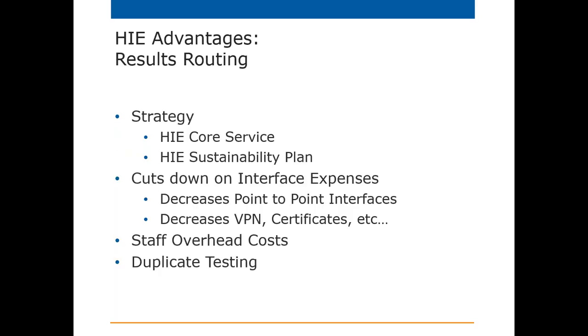You also can use the HIE for results routing. So consider this a core service of your HIE, and really think about the sustainability plan of your HIE, making sure that they have a long-term plan for being able to provide this service. It will cut down on interface expenses by decreasing all those point-to-point interfaces where you're trying to send those results to each place singly, and it also decreases the need for VPNs and certificate renewal.